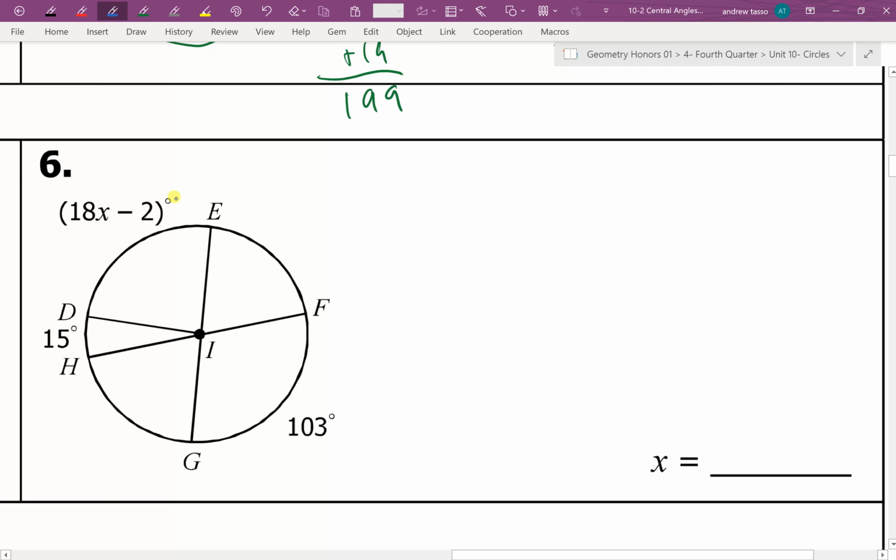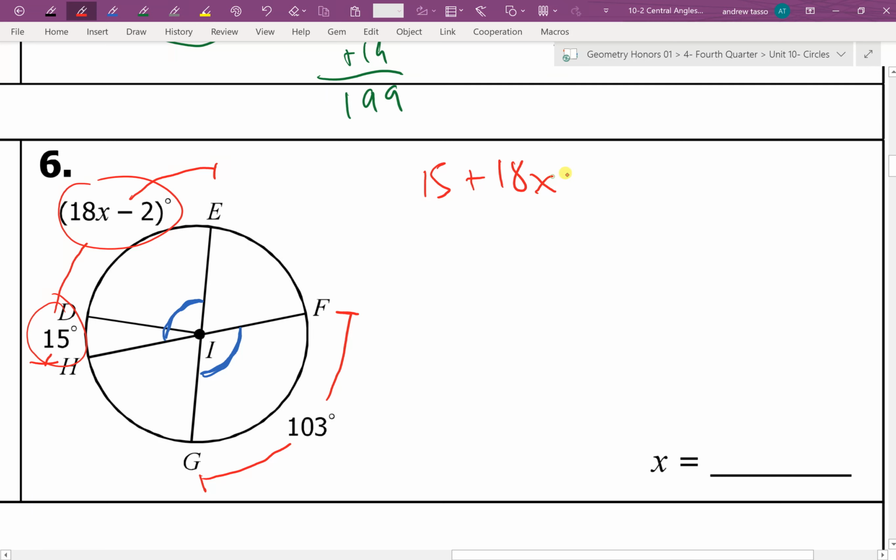And for this one, what we can do here is notice that if we combine these two angles together, that would equal this angle, right? Therefore, if we combine these two arcs together, it should equal the same as this arc. Okay, so what we would do is add these together. So we'd get 15 plus 18x minus 2, and set that equal to 103.